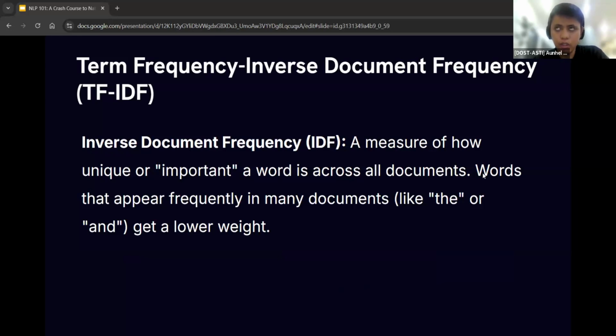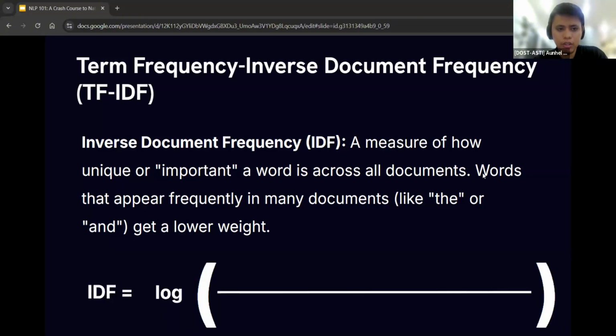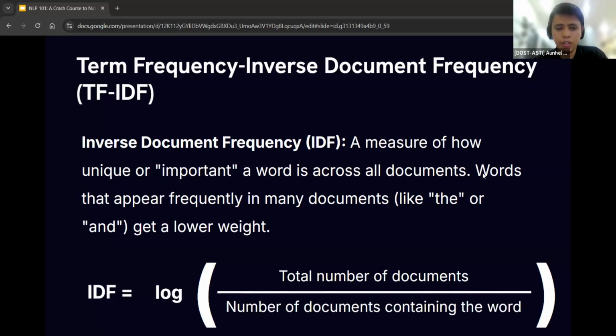Then we also compute what we call the inverse document frequency (IDF), a measure of how unique or important a word is across all the documents. Words that appear frequently in many documents, like "the" or "and", get a lower grade. IDF is computed by the logarithm of the total number of documents used in training, divided by the number of documents containing the word.